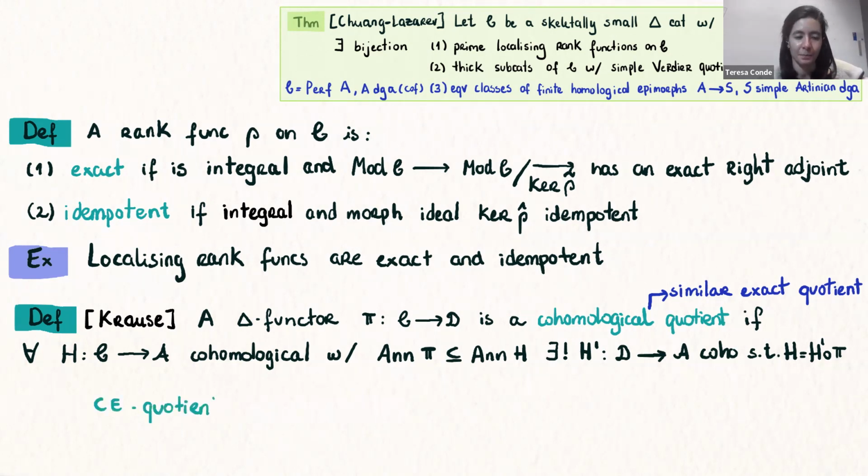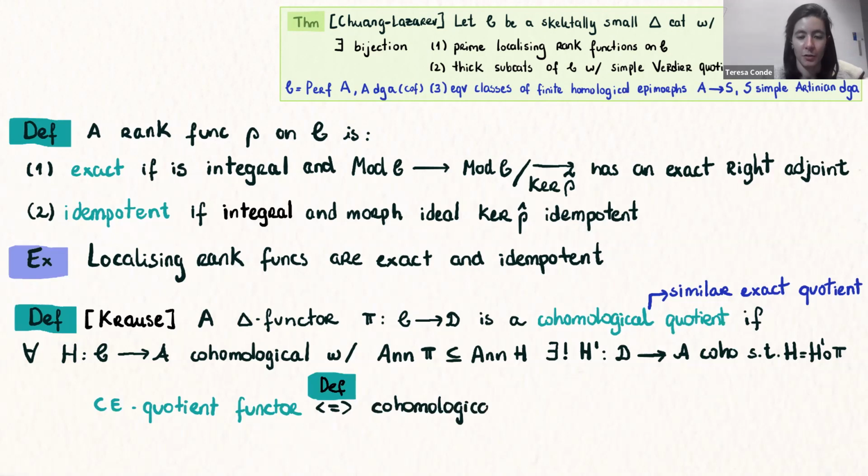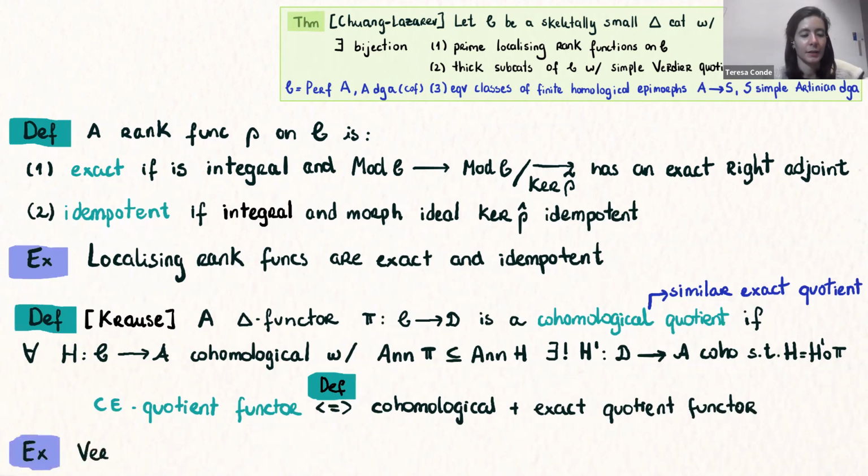And following Krause, a C quotient functor is simply a functor which is both homological and exact. Okay. And the typical example of C quotient functors are Verdier localizations. So it's good that Verdier localizations are contained in this class of triangulated functors.